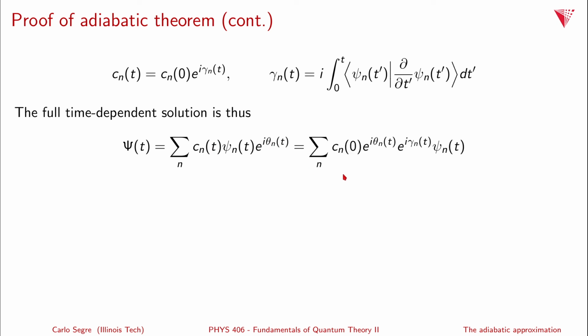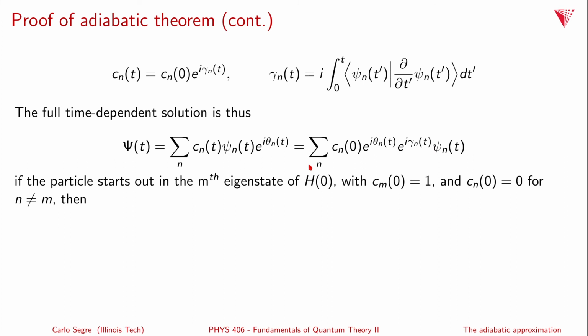And when we plug in everything that we know, we get the sum over n, c sub n of 0, e to the I theta sub n of t, that comes from the time dependence, e to the I gamma sub n of t, times psi sub n of t, which is the time-dependent eigenstate. And then we sum over n.